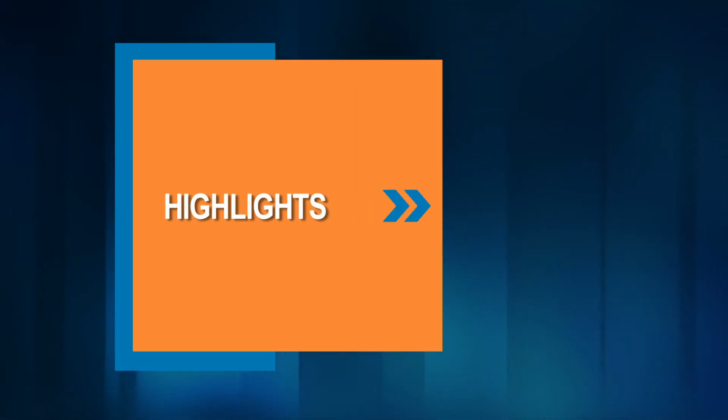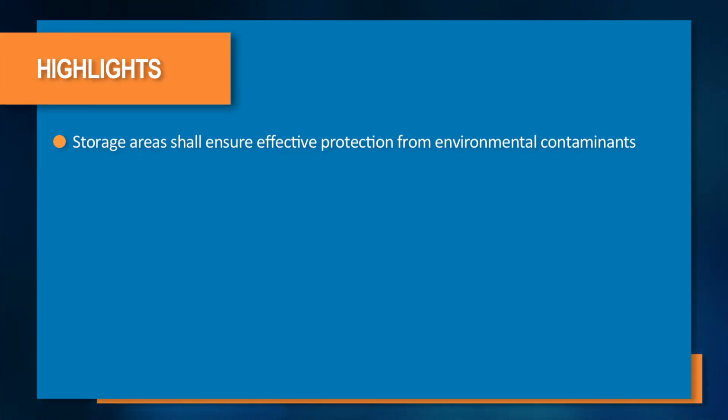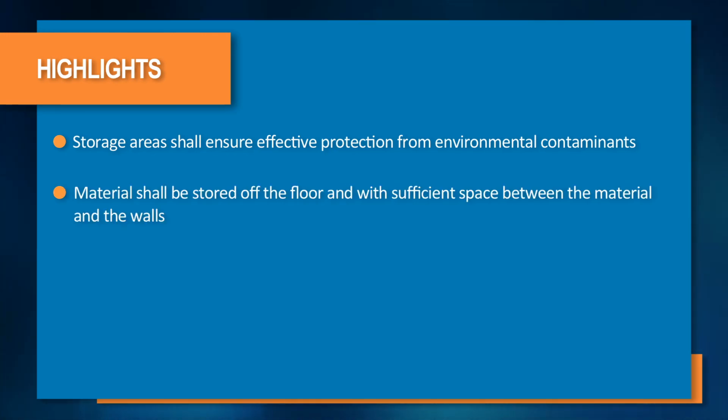The major highlights of this video are: storage areas shall ensure effective protection from environmental contaminants. Material shall be stored off the floor and with sufficient space between the material and the walls.